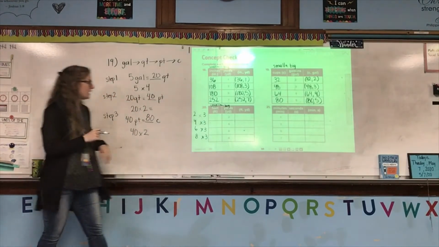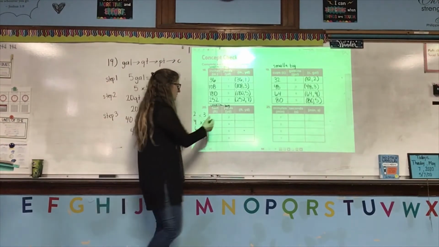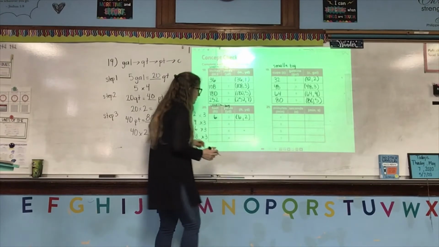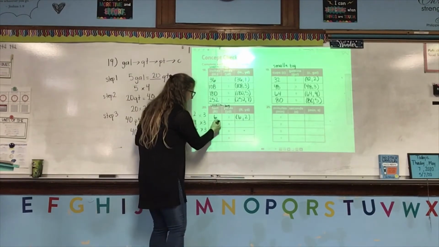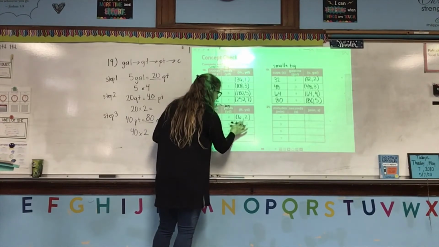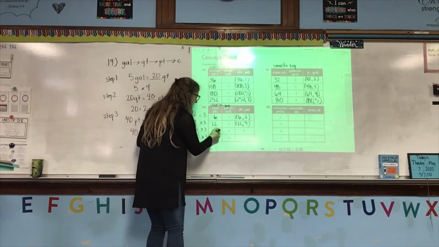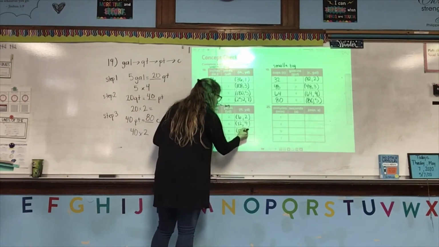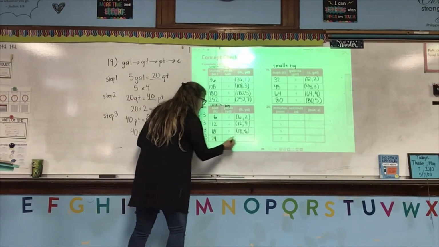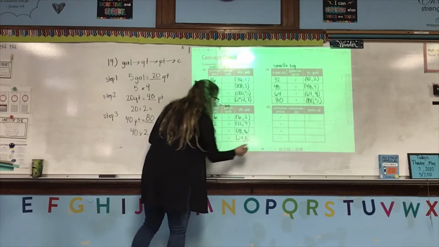We got it. 2 times 3 is 6, so there are 6 feet in 2 yards. 4 times 3 is 12, so there are 12 feet in 4 yards. 6 times 3 is 18, so there are 18 feet in 6 yards. 8 times 3 is 24, so there are 24 feet in 8 yards.